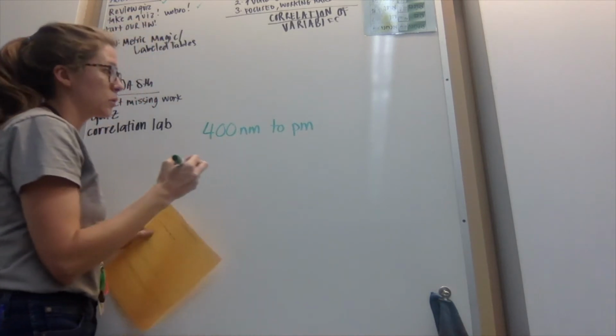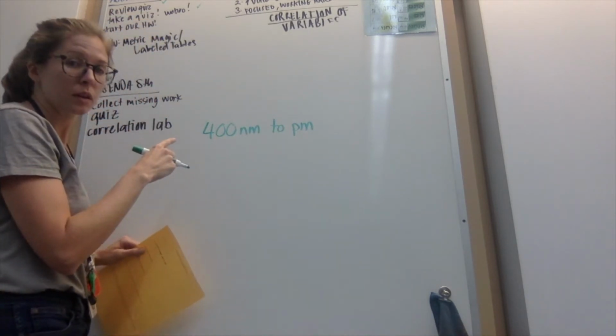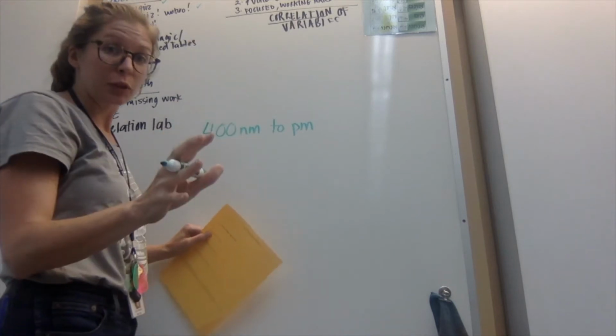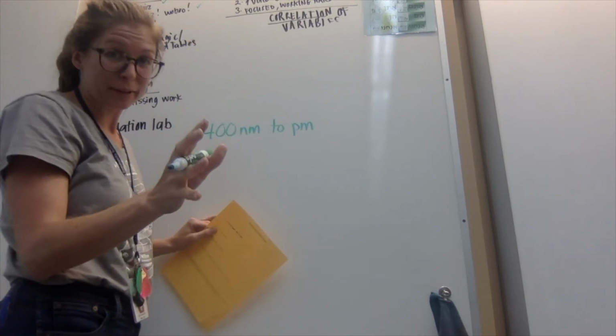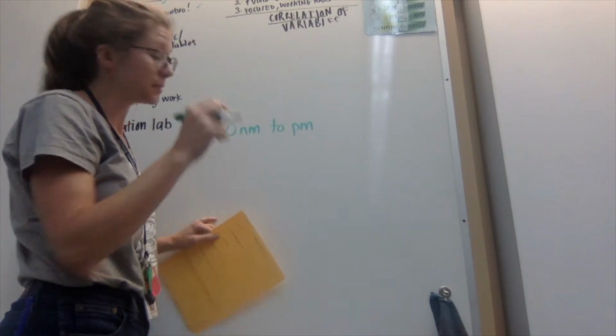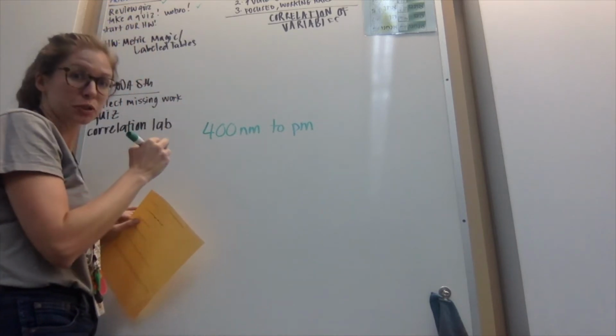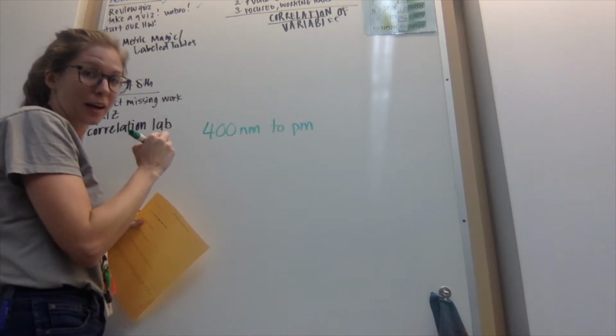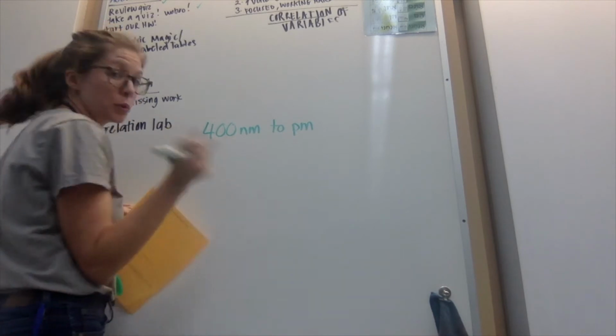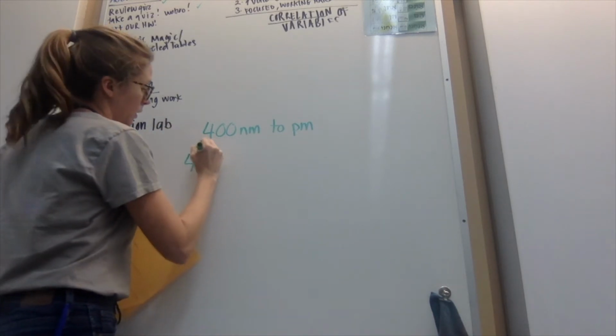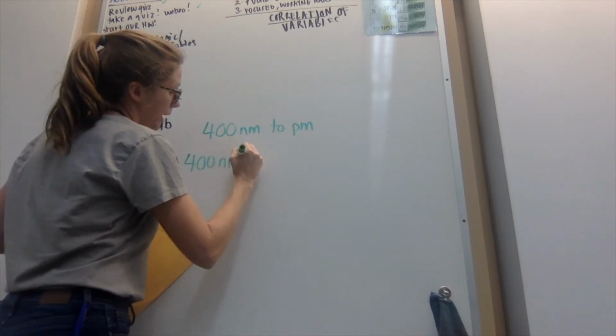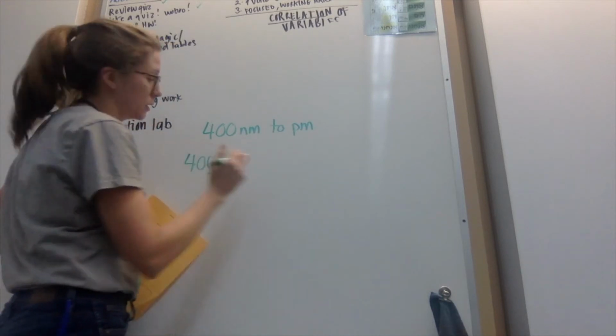Okay, so I'm going to set it up, and then I'm going to give you time to solve it. I'm just going to stand here and do nothing for a second, or you could pause it. And then you should check what you did against what I did. Okay, so 400 nanometers, we know that's over 1.